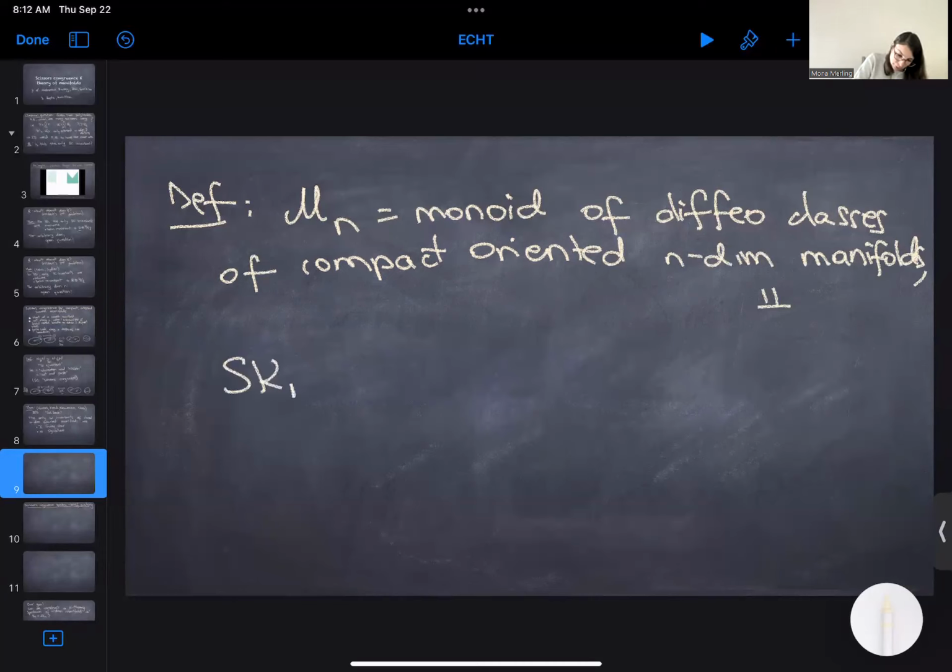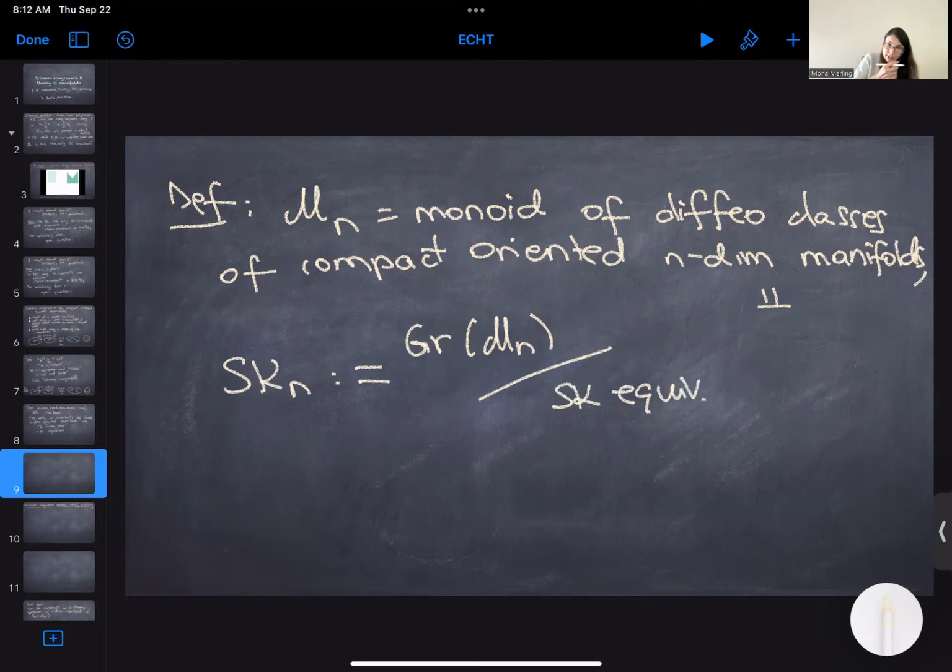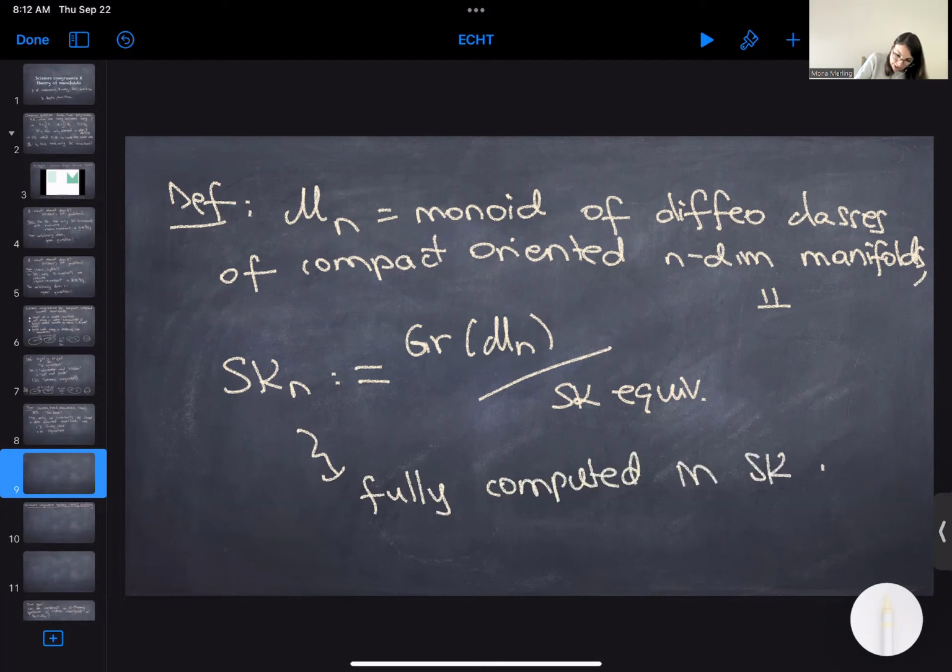Then we form a group that I will call SK_n. First we take the group completion of this monoid, and in addition to the group completion relations, we also mod out by the SK equivalence relations. These are the groups that, as I was saying, are fully computed in the SK book, unlike for polyhedra, where computing the scissors congruence group is a major open question in dimensions above 4.